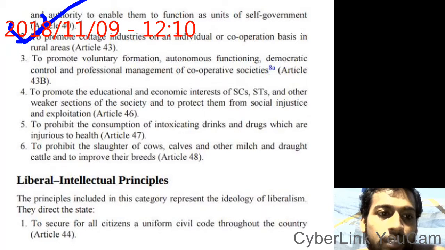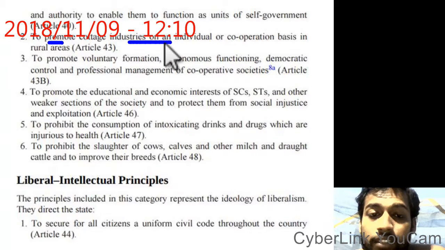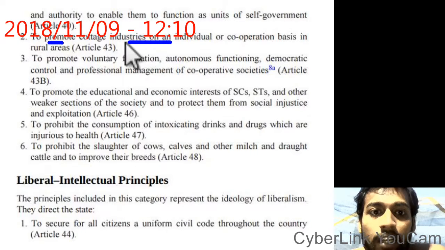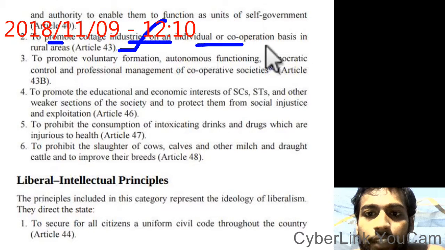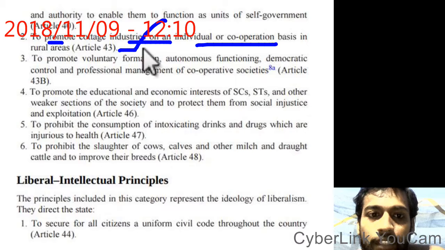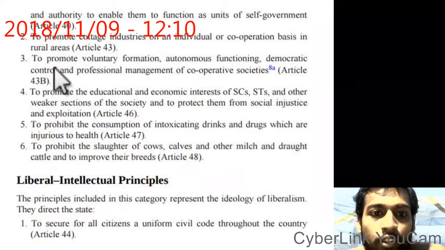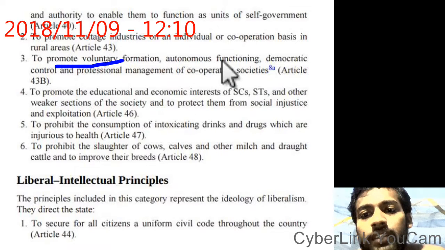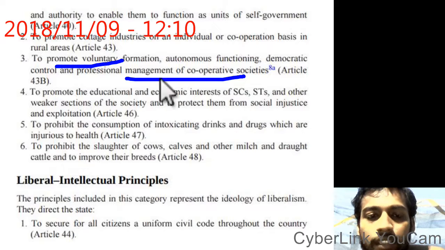Others include promoting cottage industries on an individual or cooperative basis in rural areas, Article 43. And to promote voluntary formation, autonomous functioning, democratic control and professional management of cooperative societies, Article 43B.